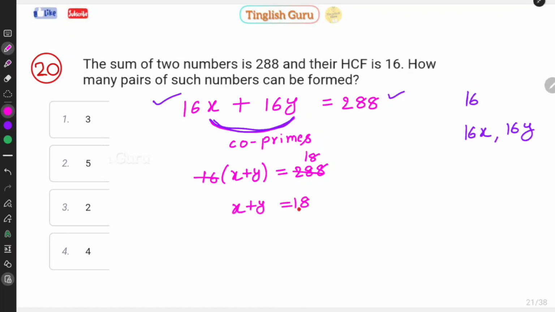So the only possible combinations for coprimes are 1, 17 and 5, 13 and 7, 11. So only these values will satisfy the total sum as 18, and they are coprime to each other. So only 3 pairs are possible. So our answer is option 1.